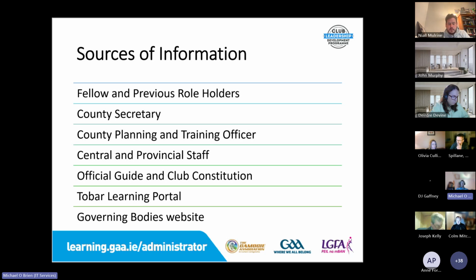Same thing with the central and provincial staff. Their contact information will be available on the learning portals of the GAA, the LGFA, and the Camogie Association. So you can't be sitting at home. You should never be sitting in a dark room saying, oh God, I'm lost. I don't know what to do. There are so many resources and so many contacts available to you.